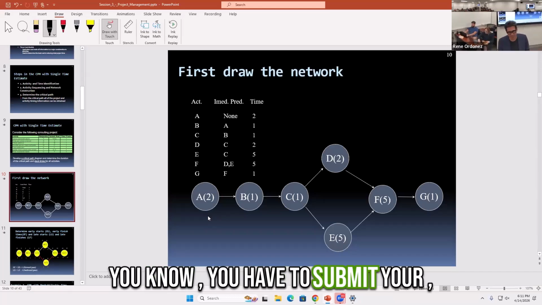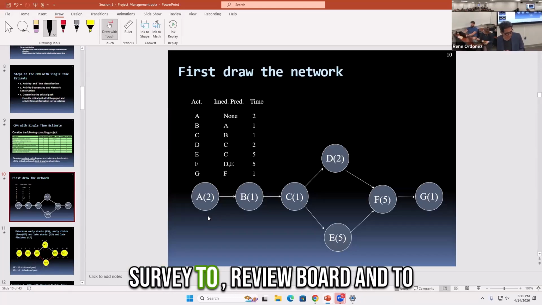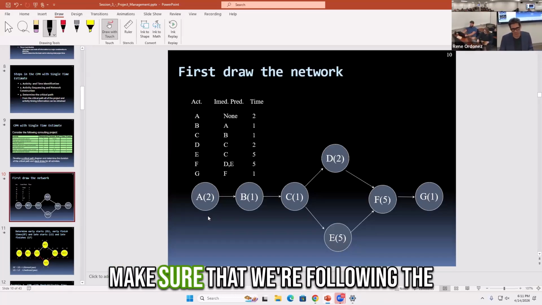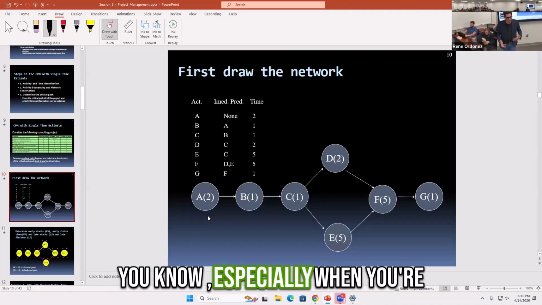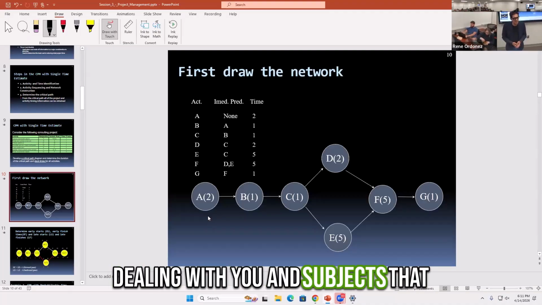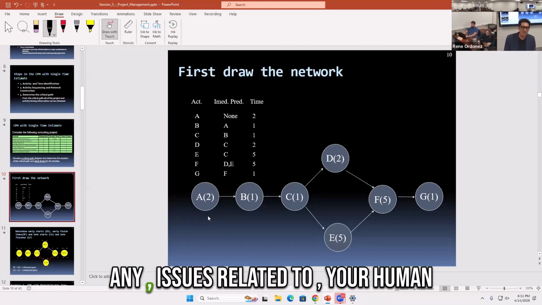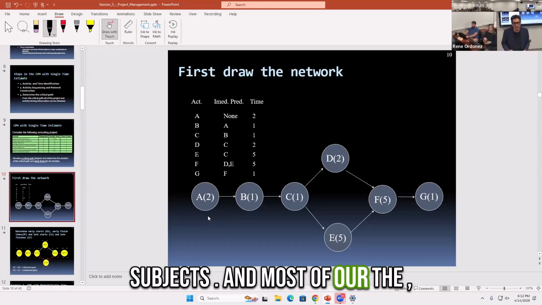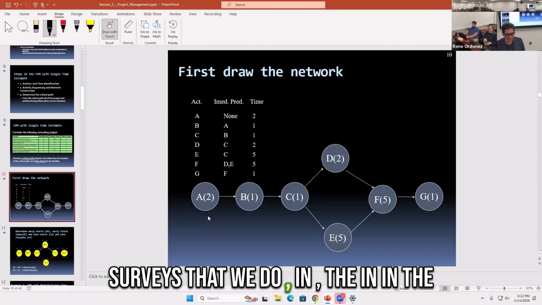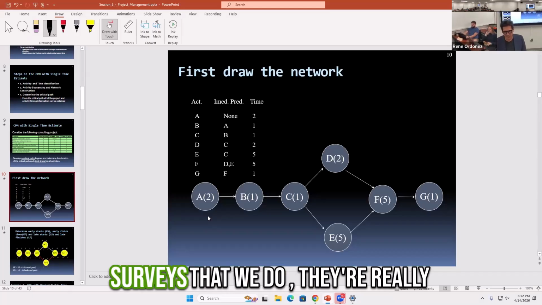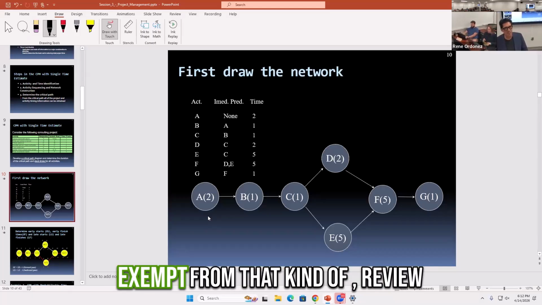You have to submit your survey to a review board to make sure that we're following the rules, especially when you're dealing with human subjects, that we're not creating any issues related to your human subjects. But most of the surveys that we do in the academic world, or at least the surveys that we do, are really exempt from that kind of review process.